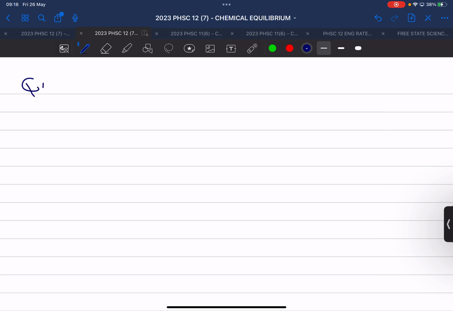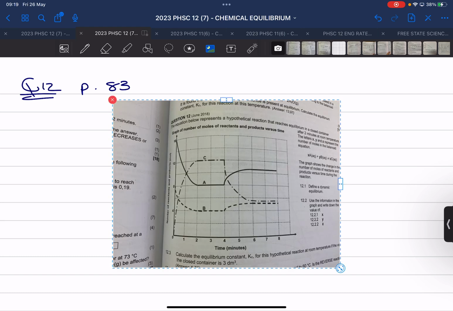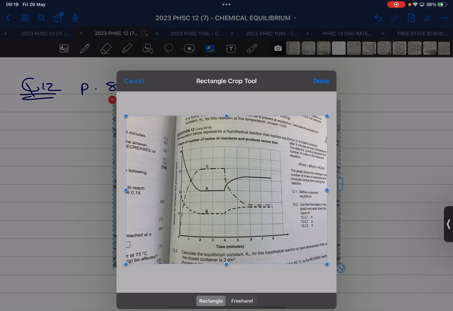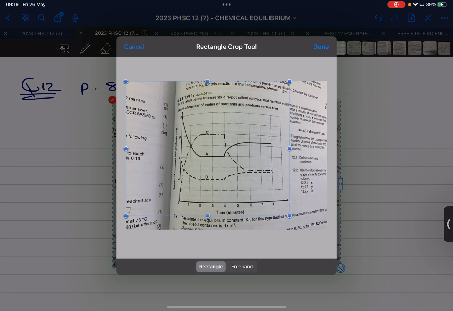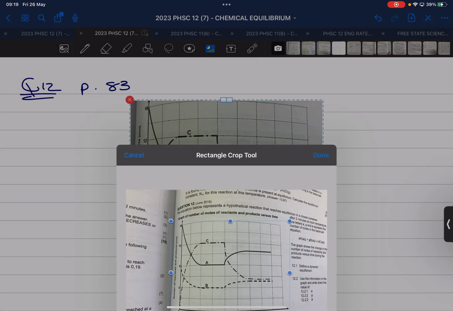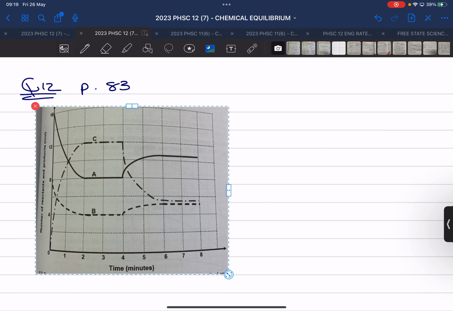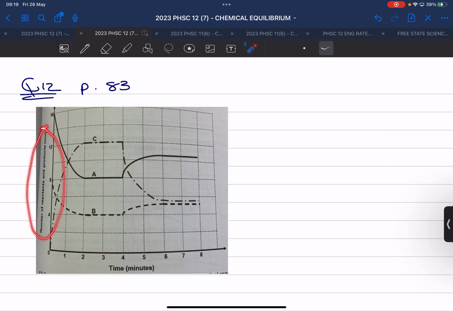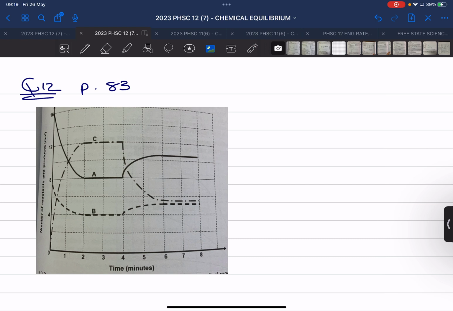So we are at question 12, and this is on page 83. And I just want to put in my graph there. As you look at the graph, you always check what is on the y-axis because you can get different graphs. You can either get the number of particles, meaning the concentration, or you can get rate.